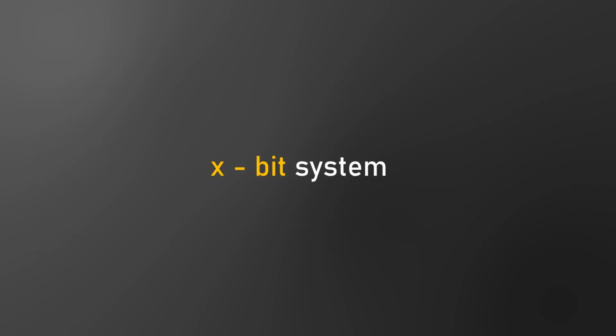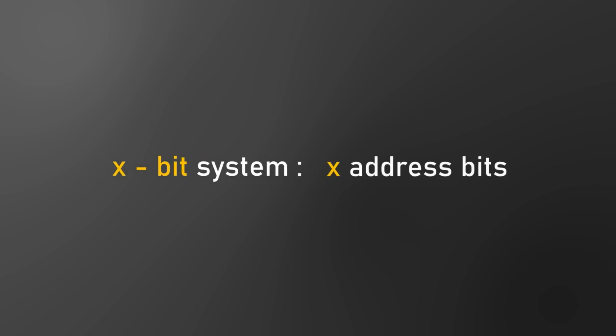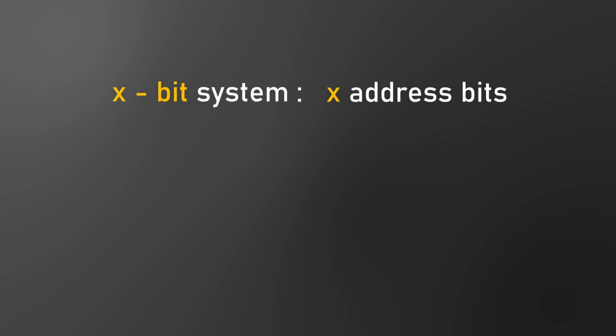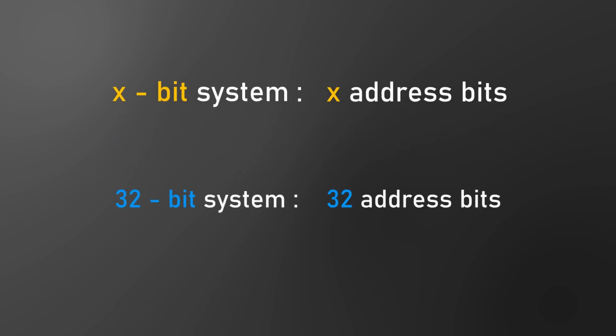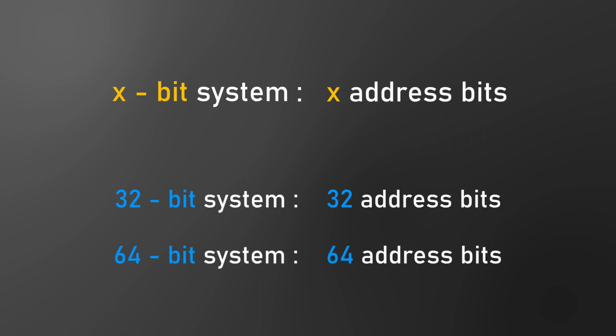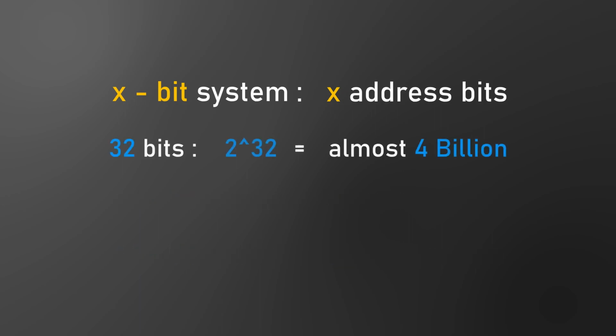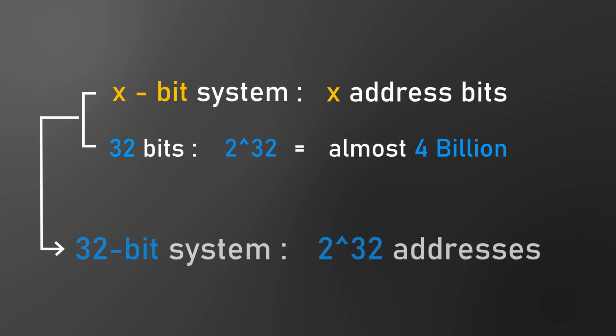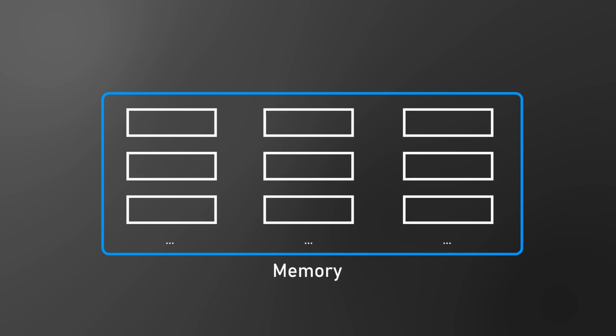Now, an X-bit system tells how many address bits the system uses to refer to data at a time. So a 32-bit system uses a 32-bit address at a time, and similarly 64-bit to refer to data. Since 32 bits can represent 2 to the power 32 values, a 32-bit system can refer up to around 2 to the power 32 addresses. In today's computers, the storage devices are broken into chunks of fundamentally 1 byte of storage.